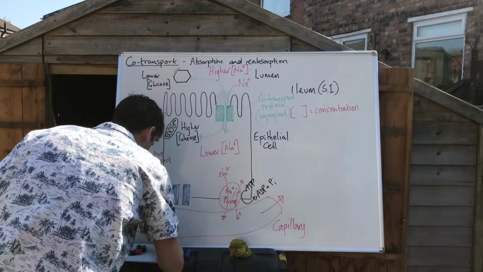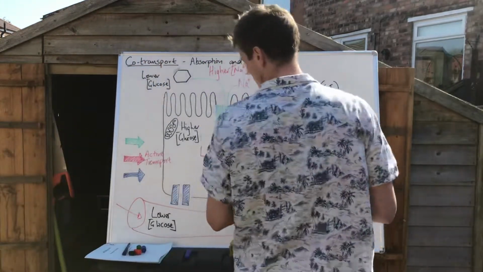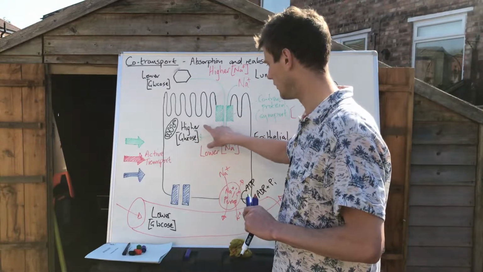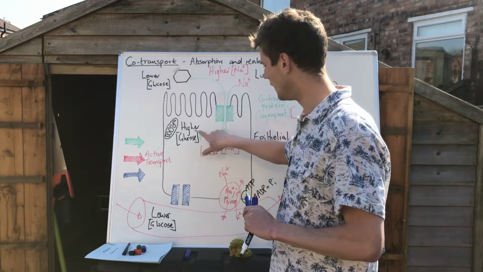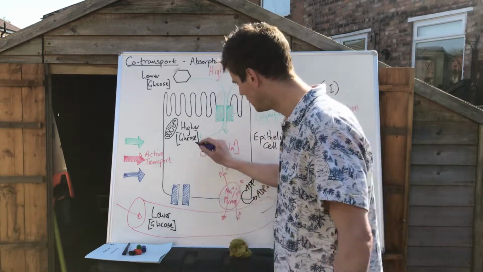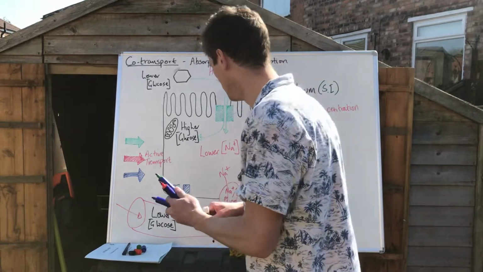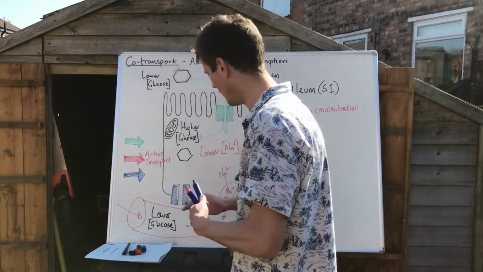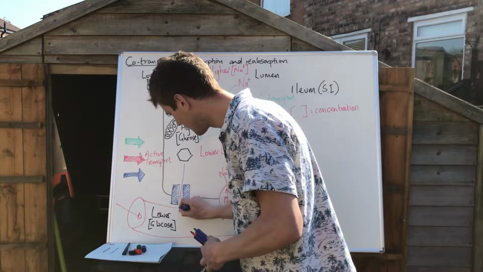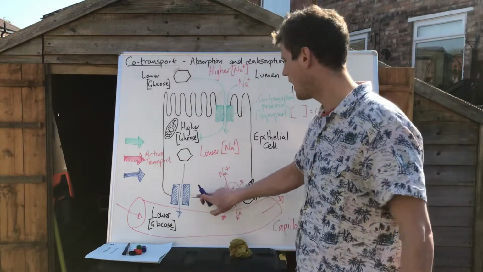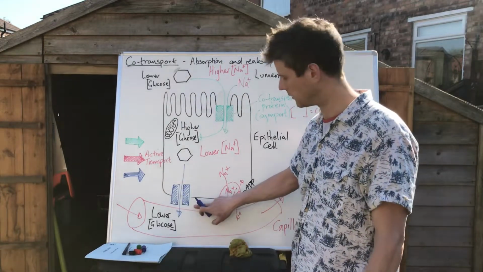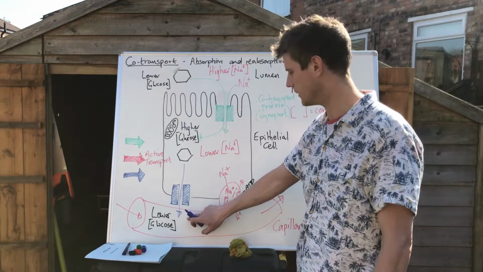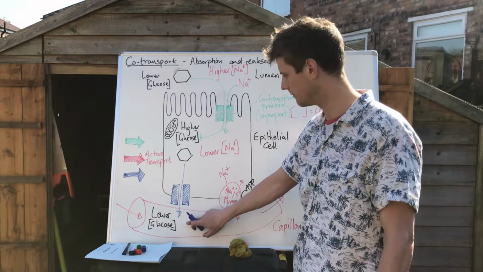So we've got a lower concentration of glucose in the capillaries, higher concentration of glucose in the epithelial cell, and therefore glucose is able to move by facilitated diffusion out of the epithelial cell into the tissue fluid, and once it's in the tissue fluid it then moves from the tissue fluid and into the capillary.